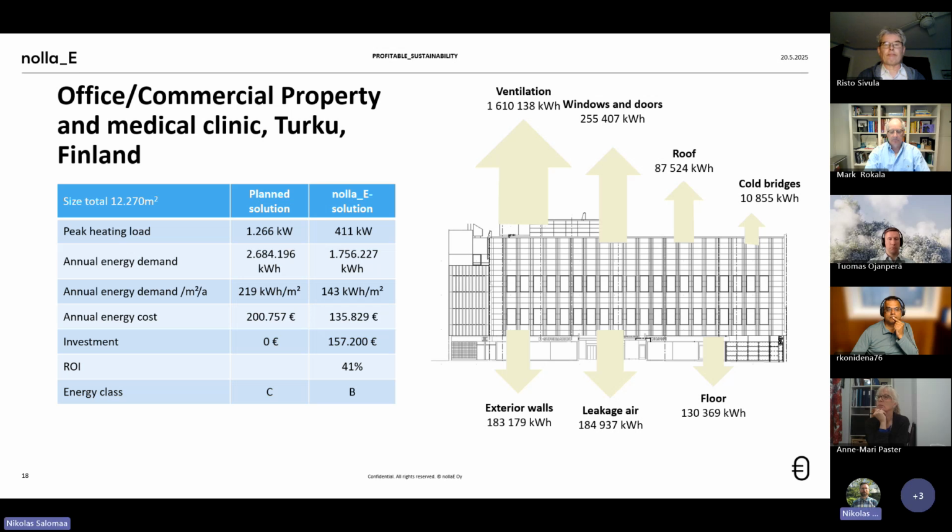And this building owner was going to sell this commercial property. They actually already had the buyer for it. It was a German fund.